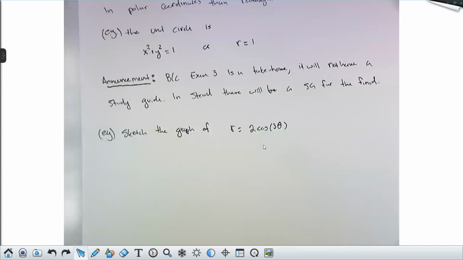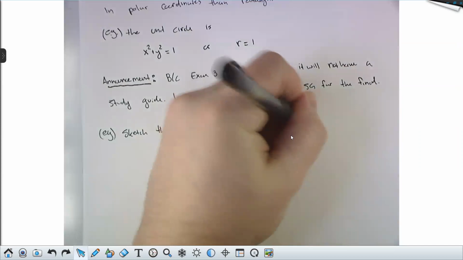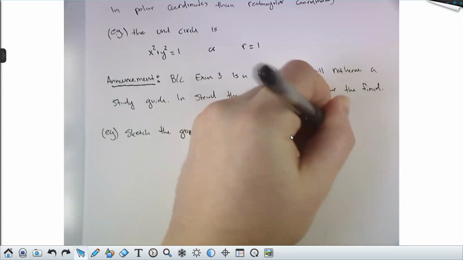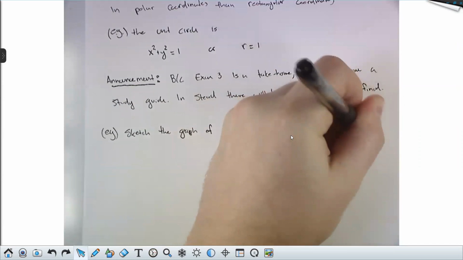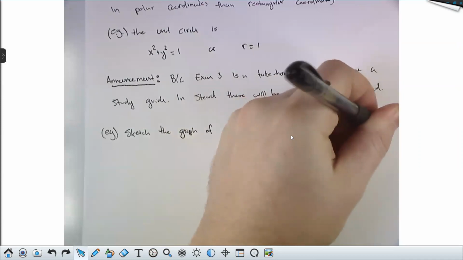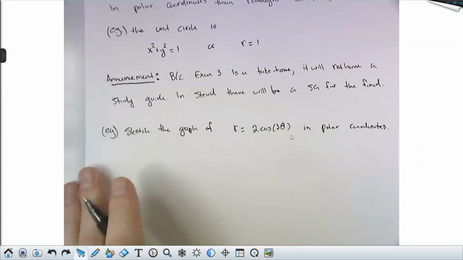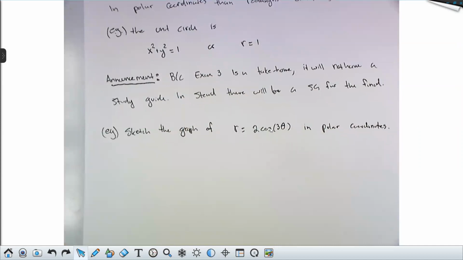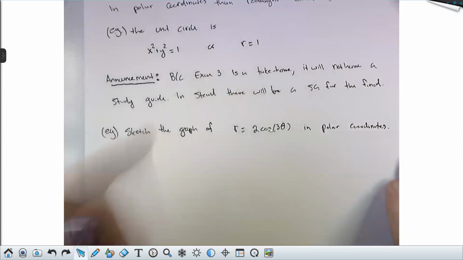All right. How do we graph this? I want to graph this in polar coordinates. The trick is to first graph it in rectangular coordinates.